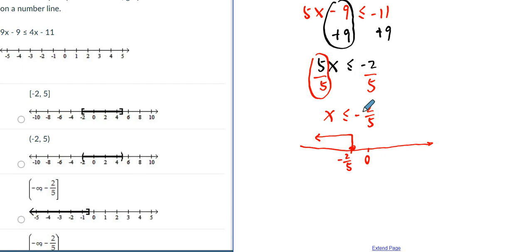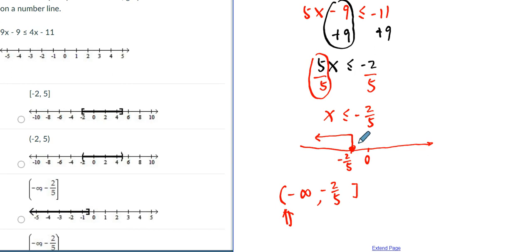Inequality representation using interval: if this point is included, you want to use the square bracket. And then negative 2/5. From this point to the left, negative infinity. Again, because here is infinity, we always use round bracket.